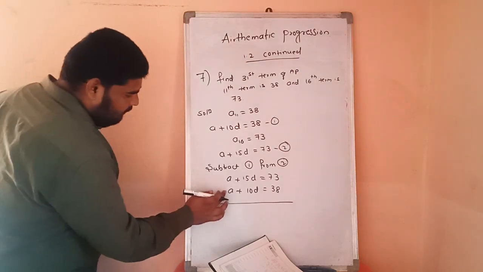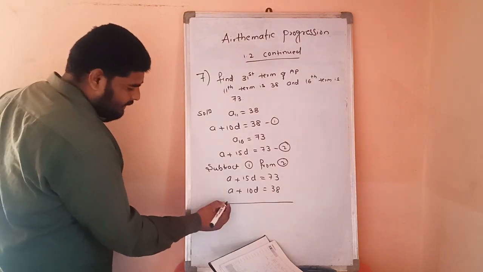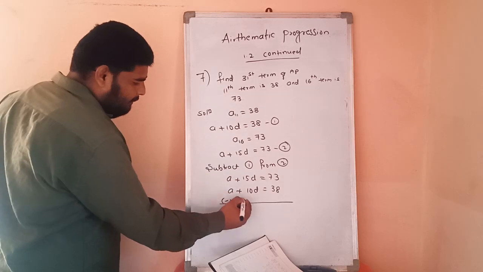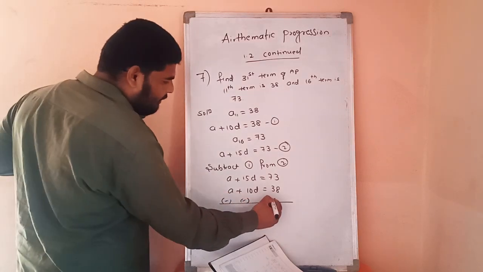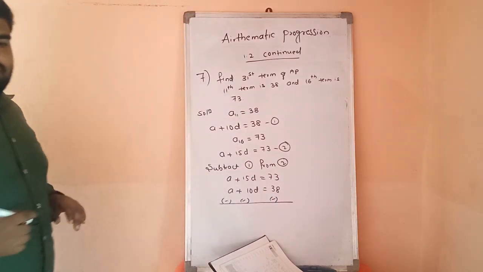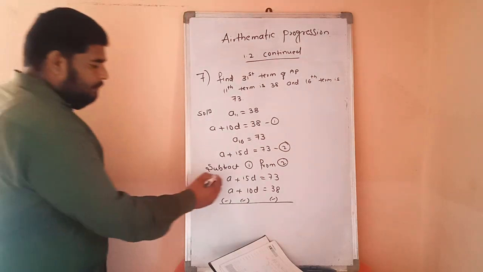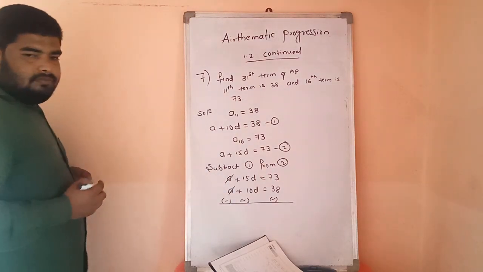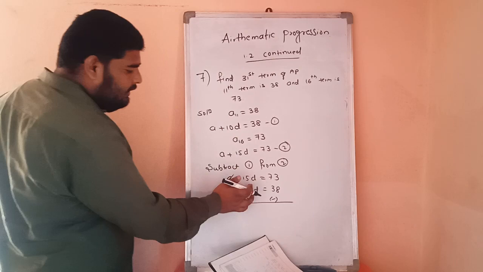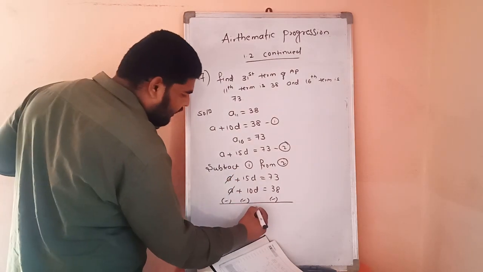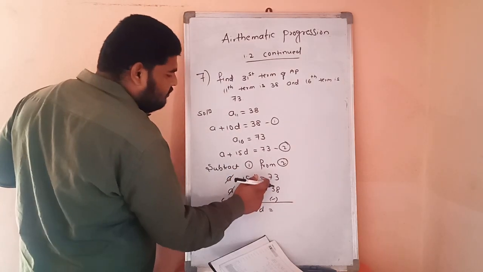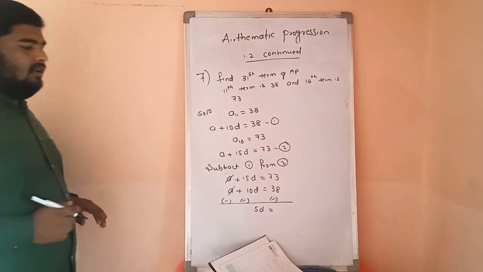Plus will become minus. So now plus a minus a cancel. So 15d minus 10d is 5d, equal to 73 minus 38, how much?